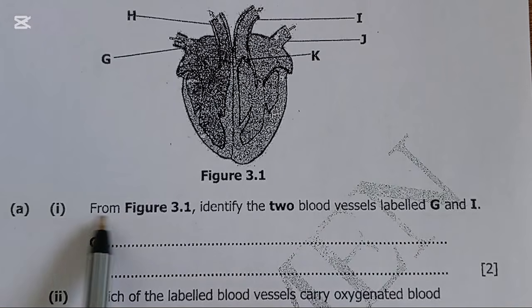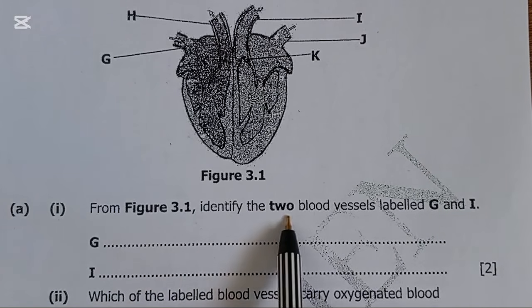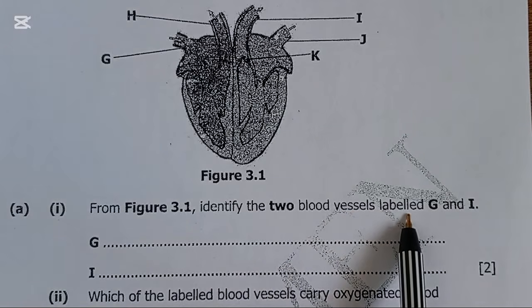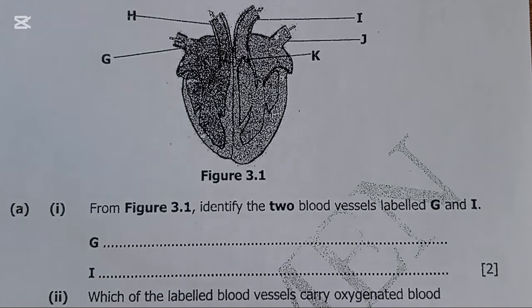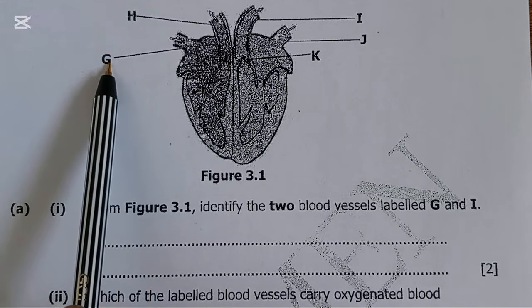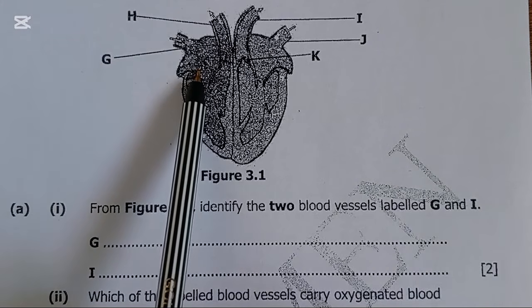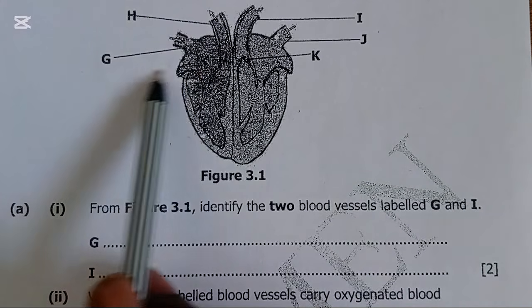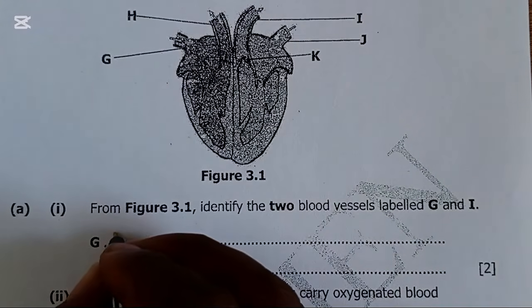Part A1, from figure 3.1, identify the two blood vessels labeled G and I. So G is the one which is bringing deoxygenated blood to the right atrium, which is the right part of the heart. So G is the vena cava.